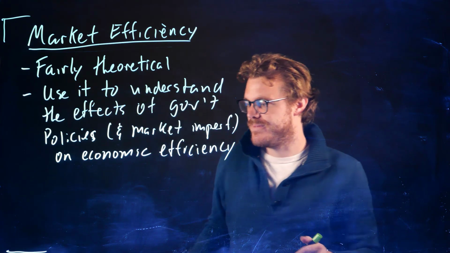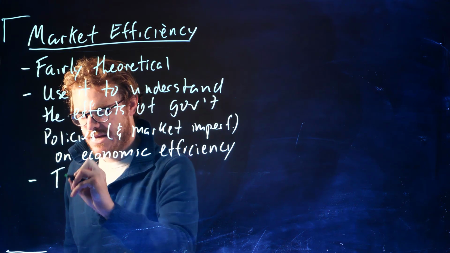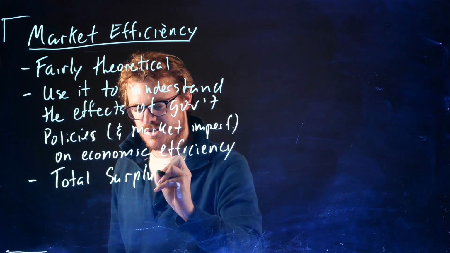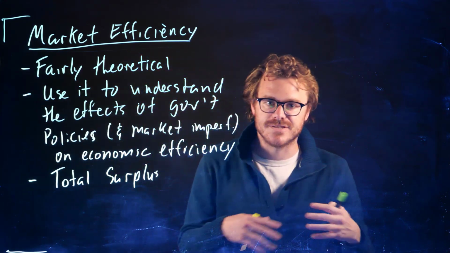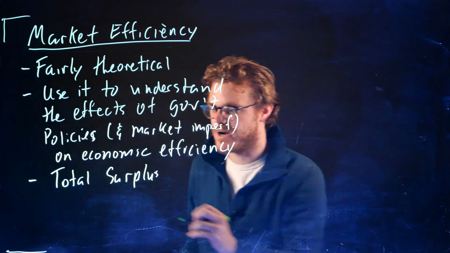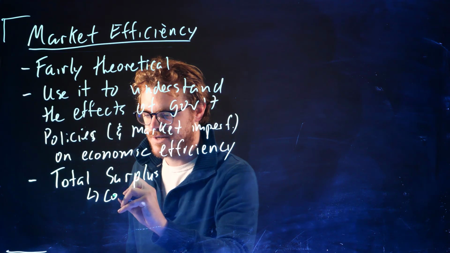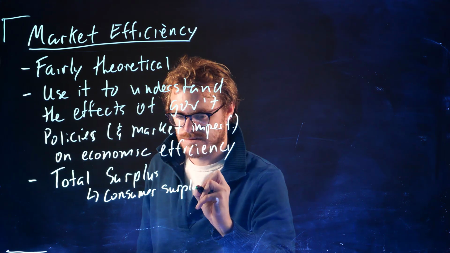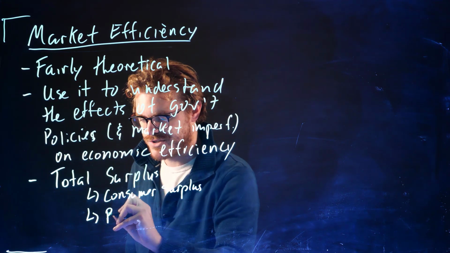And the main concept we're going to cover is total surplus. This is the total economic gains from buyers and sellers participating in this market. And that's going to be composed of consumer surplus and producer surplus.